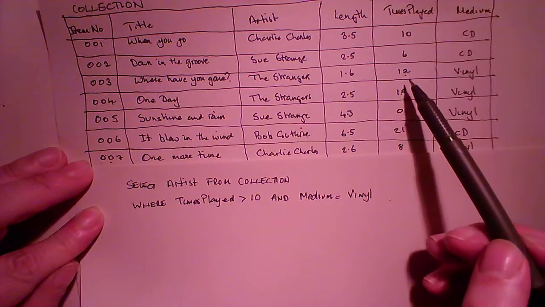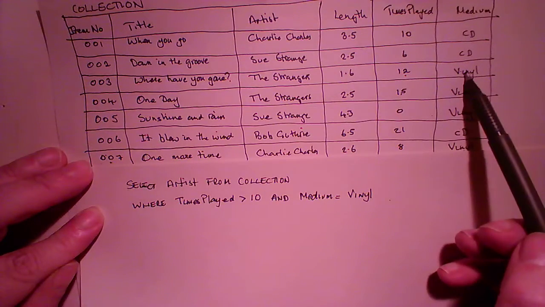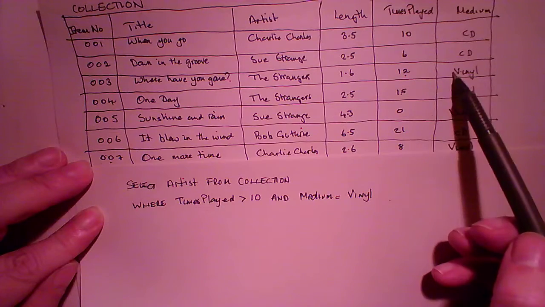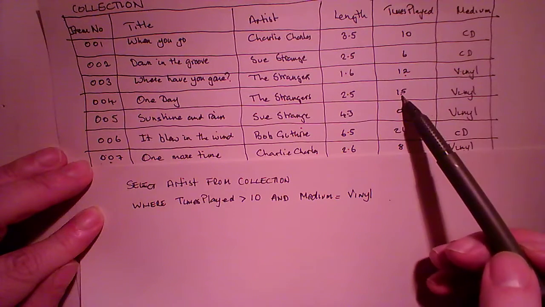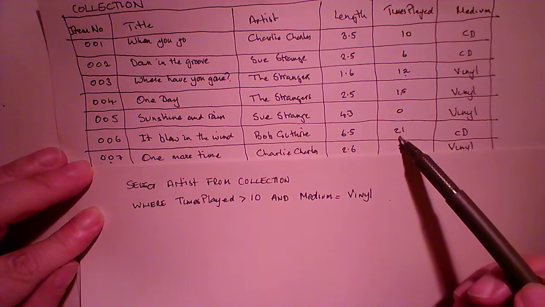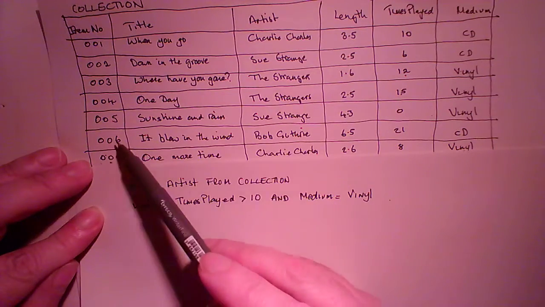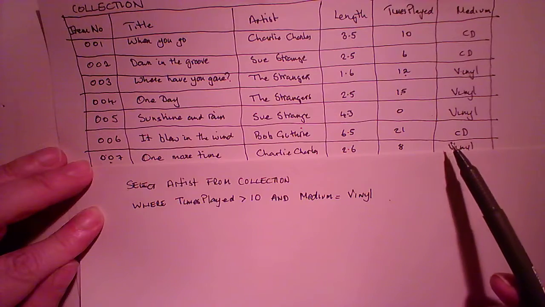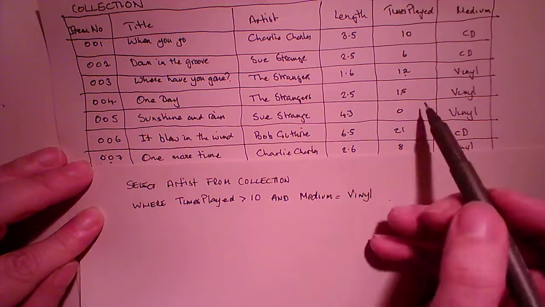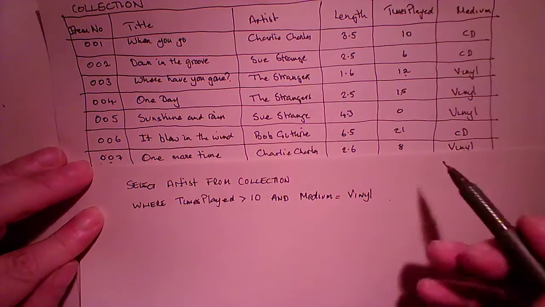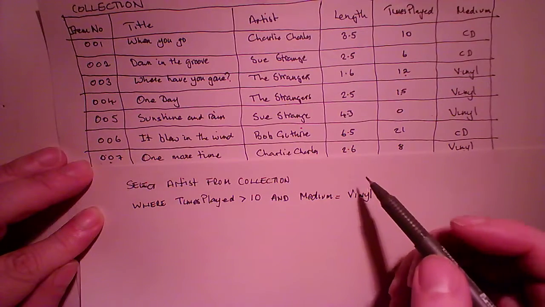So that's okay, because 12 and vinyl, both of those are true. That's greater than 10 and vinyl, greater than 10 and vinyl, greater than 10 but not vinyl, so it would not include record 006.